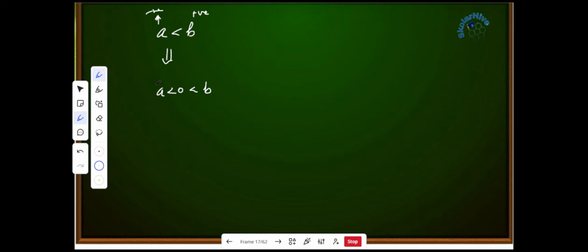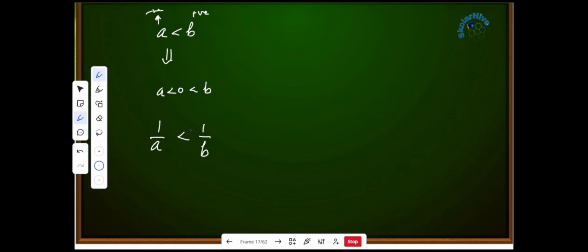If you take the reciprocal of these numbers, it will give us nothing but 1 upon A, and this is 1 upon B.